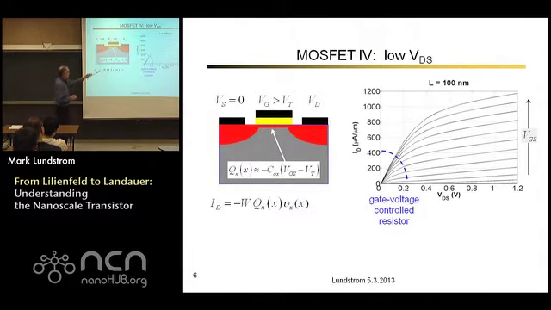So if I want to know what the current is, well, it's proportional to the width of the MOSFET coming out of the page. And then it's charge times velocity. More charge, more current. Faster the charge moves, more current. Okay. We know what the charge is. We just have to figure out what the velocity is. In this region, we apply a small voltage across the channel, highly conductive channel. The voltage just drops linearly.